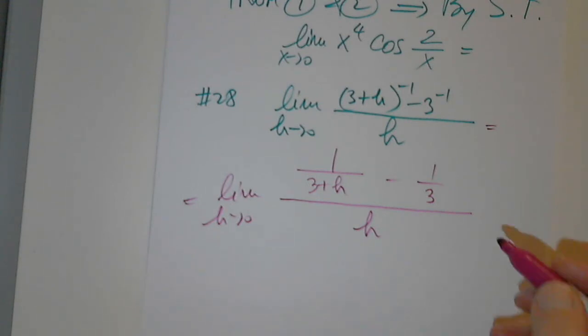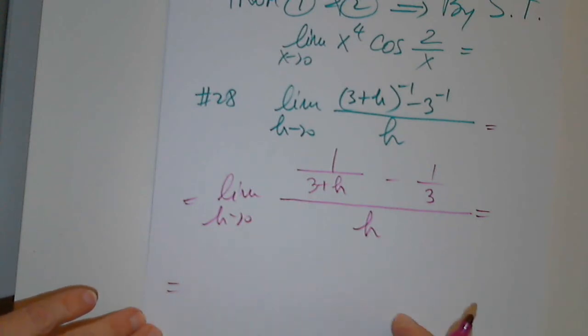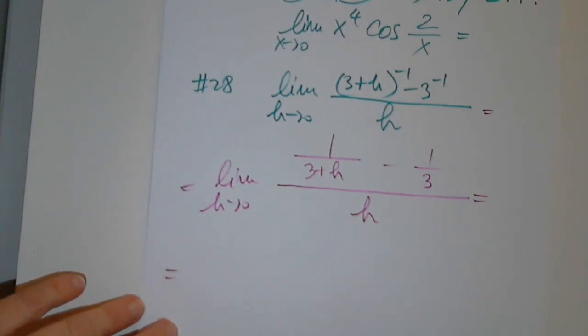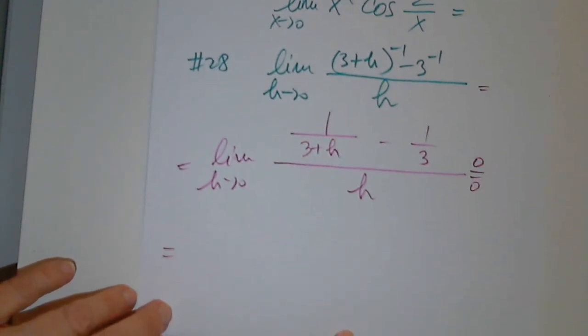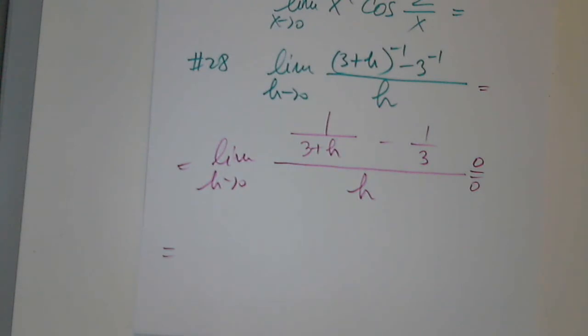So the same thing. I know when I plug it in, what do I get? Yes, I do get 0 over 0. So I know that somehow what has to be eliminated if the limit were to exist? What factor, h minus 0 or h?